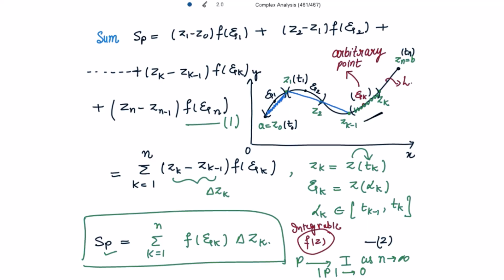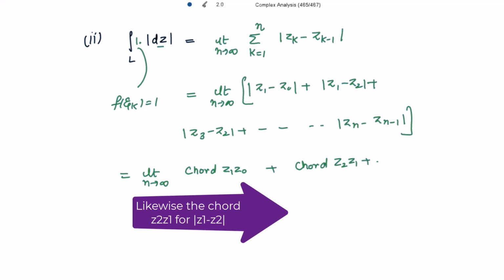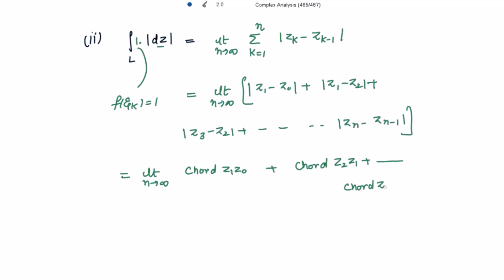And the chord of z1 z0 is what? The arc z1 z0, right? So this is the chord z2 z1, and so on. We are having the chord zn minus 1.